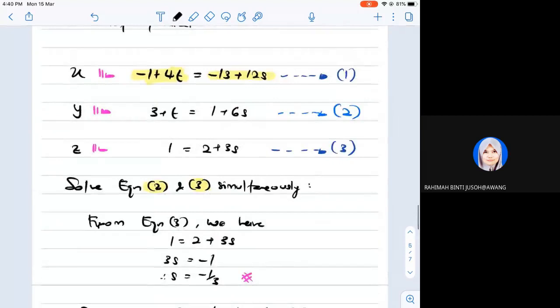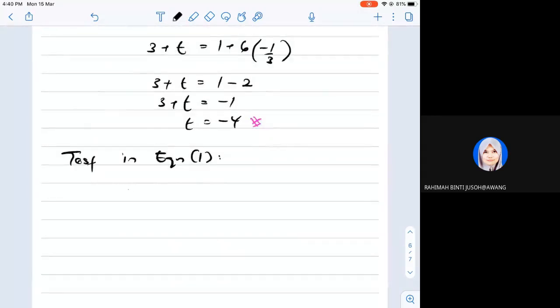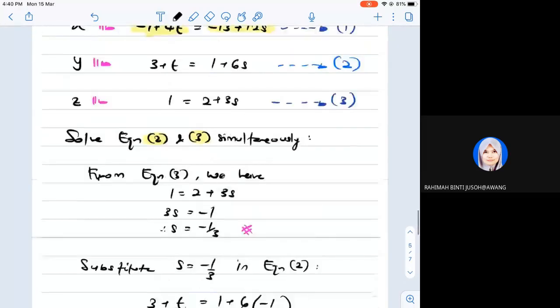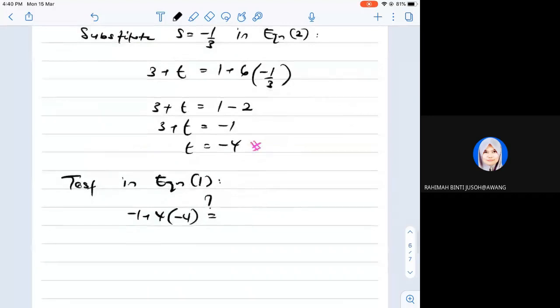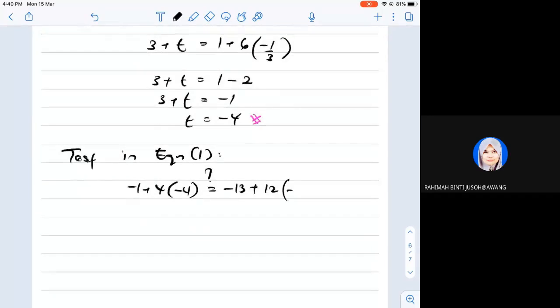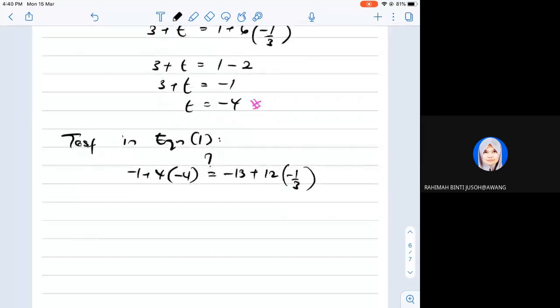So equation 1 kita ada negative 1 plus 4t. t is negative 4, equals to test. Betul tak? Sama tak dengan negative 13 plus 12s? S apa tadi nilai dia? Negative 1/3. So negative 1 minus 16, negative 17, isn't it?